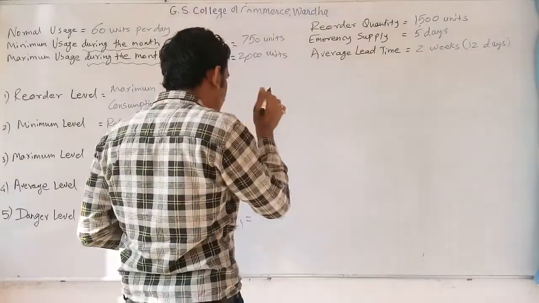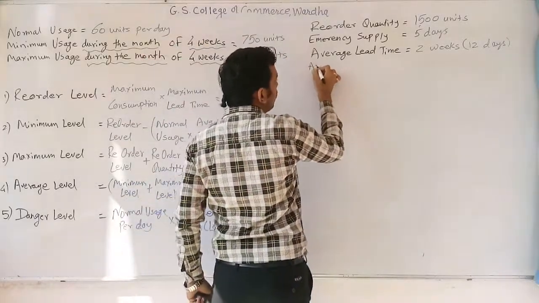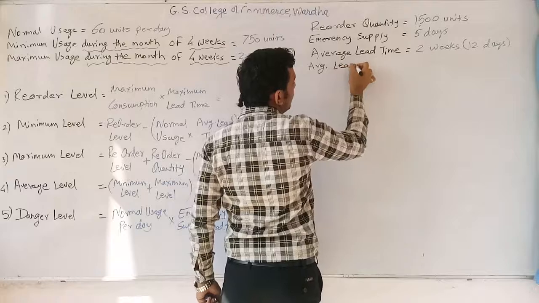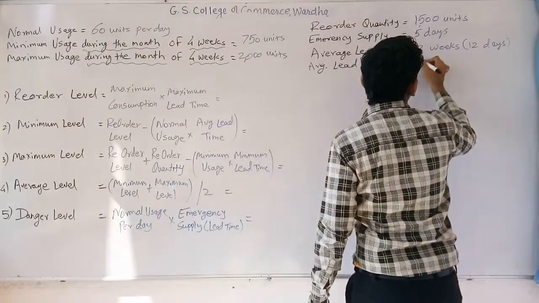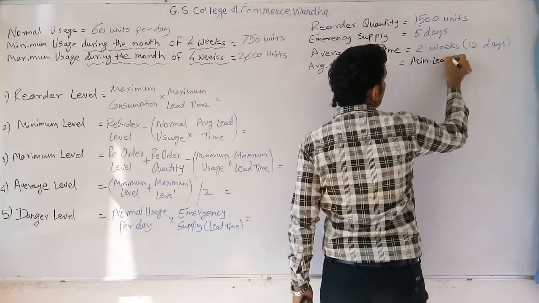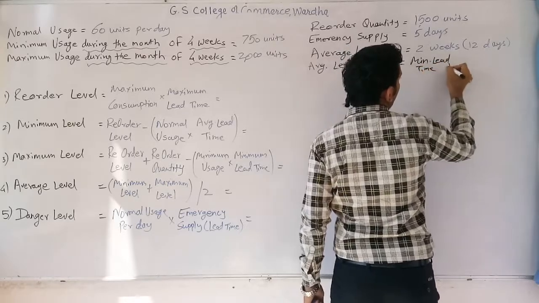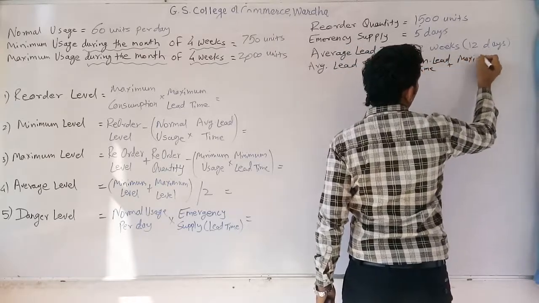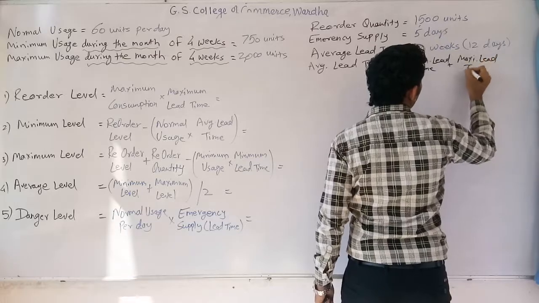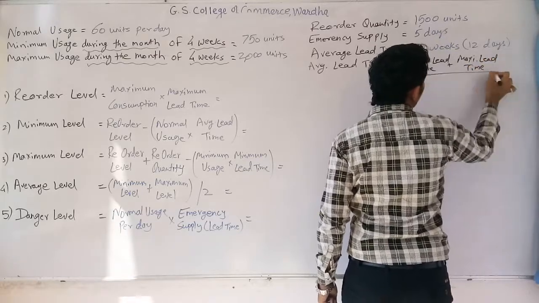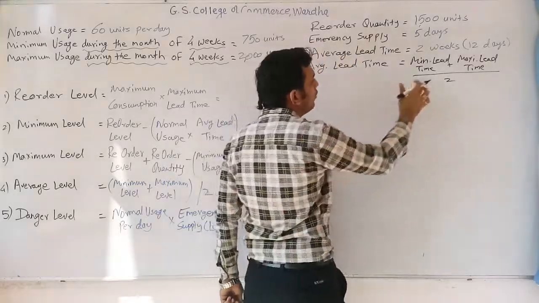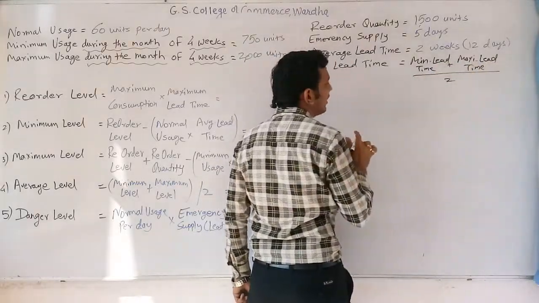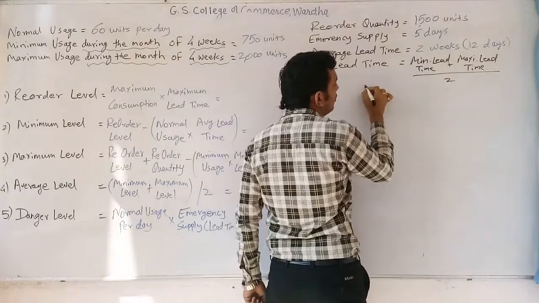For that purpose, we will first of all write the formula of average lead time: minimum lead time plus maximum lead time divided by 2. This is the formula generally used by us, but here we have not been provided with minimum and maximum lead time, whereas average lead time is given.